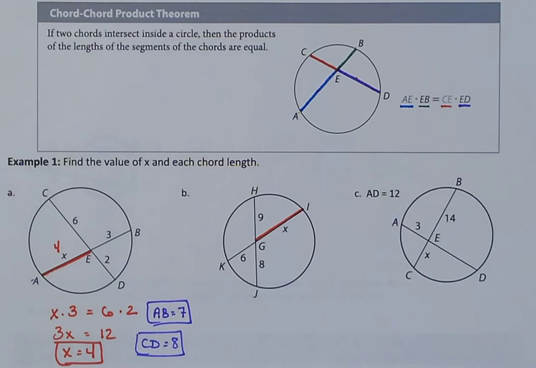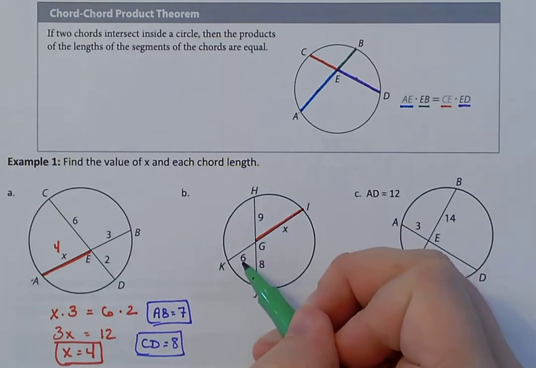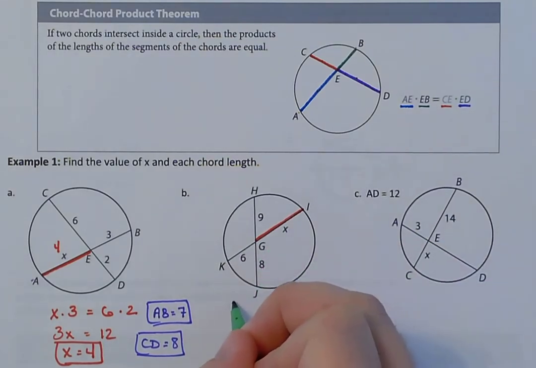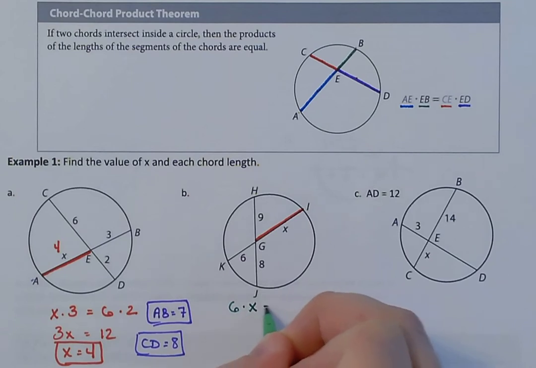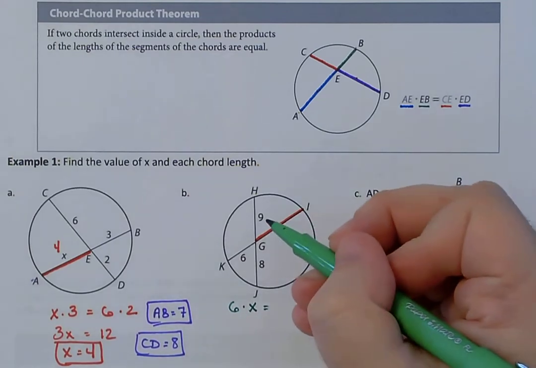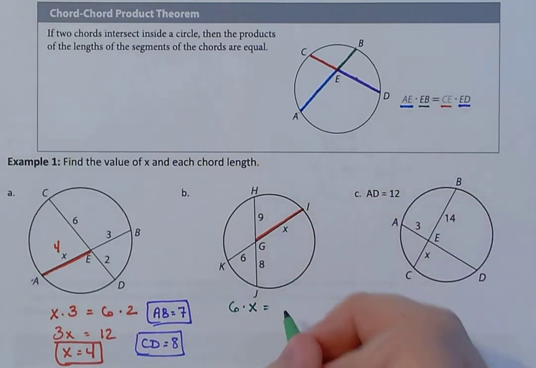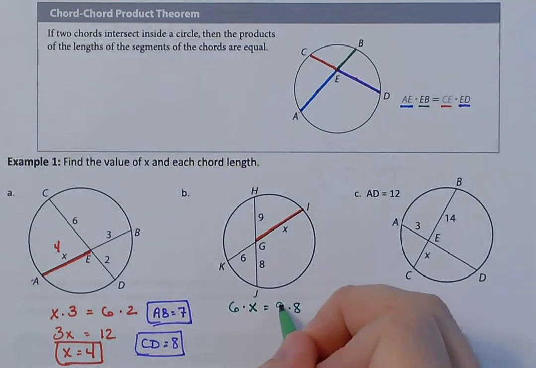So using the chord-chord product theorem, to set this up, it's going to be 6 times x equals 9 times 8. So I'm taking the two segments of the chords, multiplying them together and setting them equal to each other.